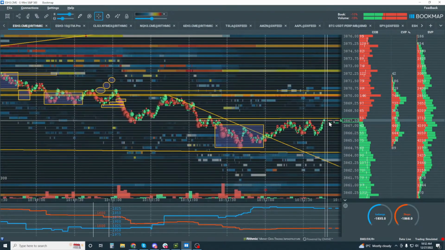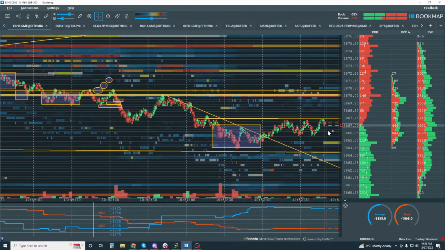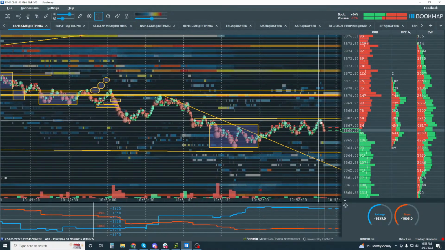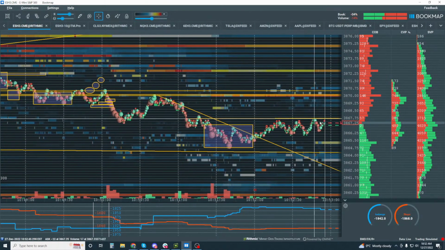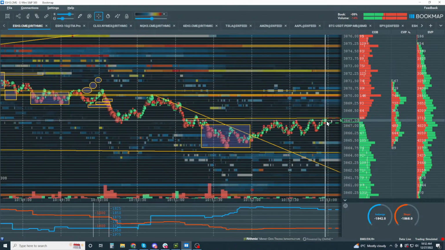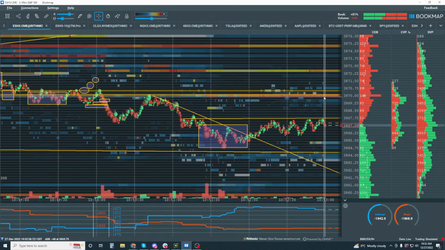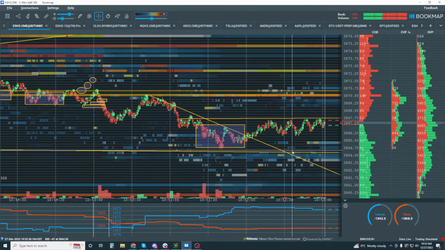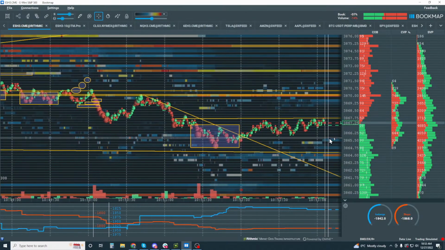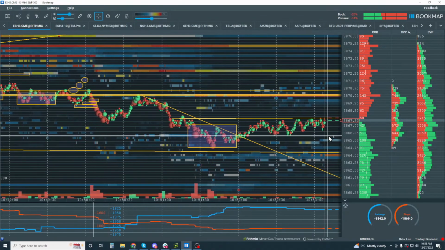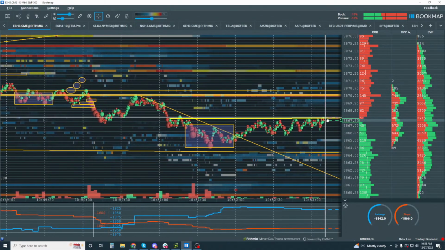Okay, looking pretty good. Not a whole lot up here, but more buying. I like it here on this retest. I'm looking for these buyers here to drive it up to 70. Let's see the bid start to light up a little bit, and let's see those buyers here at 70.